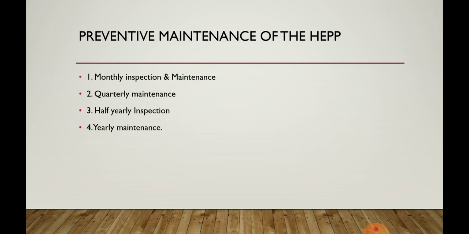The main aim of maintenance is to reduce the loss due to production stoppage. So finally, a good and proper maintenance procedure increases the rate of production and minimizes the cost of the product. In a hydroelectric power plant, preventive maintenance is categorized in four ways.